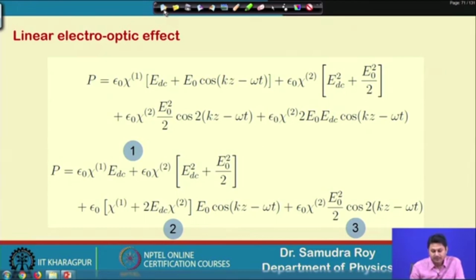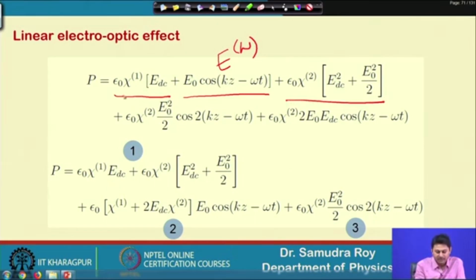What about the second term? The second term, we will recollect all the terms having the value E 0 cos k z omega t, that means having the value E omega. So, EDC, this term I take common, this term I take out, this term I take out. So, the next term is epsilon 0 chi 1 E 0 cos k z omega t.